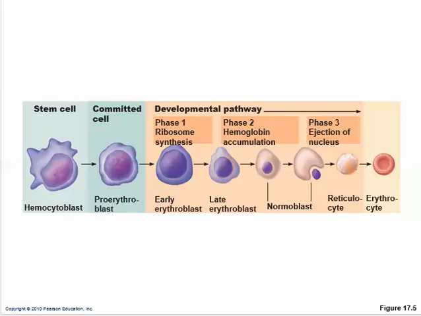And all that's really left then is endoplasmic reticulum with ribosomes on it, and it's accumulating all kinds of hemoglobin because the hemoglobin is being made on this endoplasmic reticulum. Once the nucleus is gone, we call it a reticulocyte because it's just endoplasmic reticulum and hemoglobin.